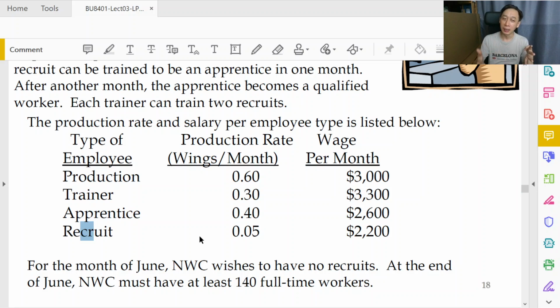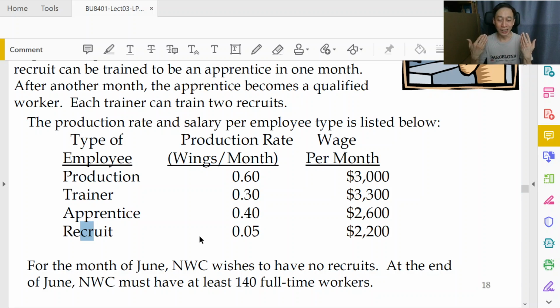Every month we ask how many workers of each of the 4 types do we need. Okay, now of course the second month's production workers is not totally de-linked from the previous month's production workers. The second month's apprentice is not completely detached from the previous month's recruit, yeah, because it takes 1 month to mature to get promoted to apprentice.